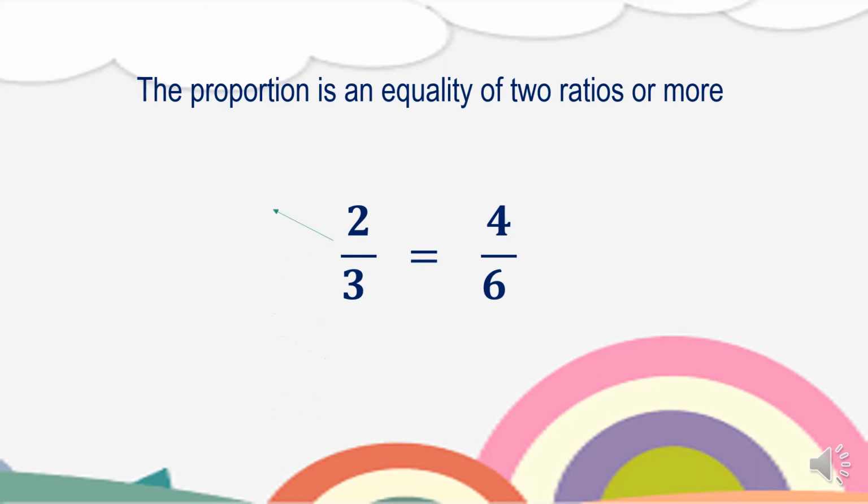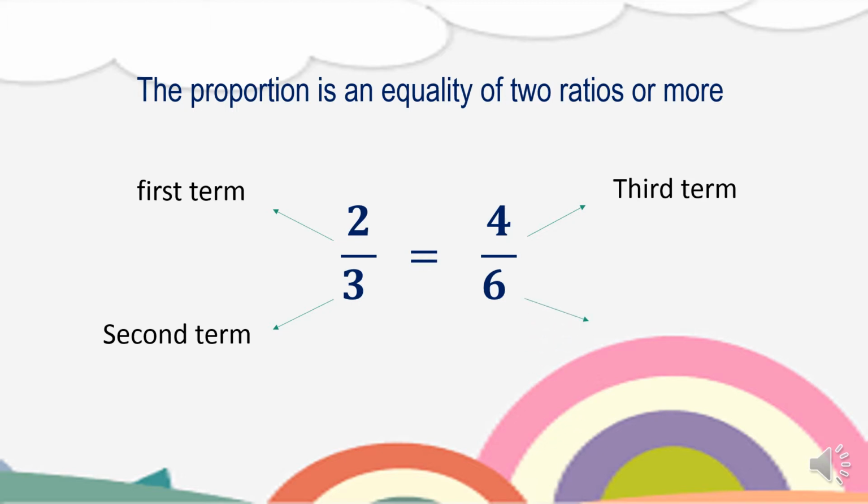So the first number is called the first term of the proportion or the first proportional term, the second term of the proportion or the second proportional term, the third term or the third proportional term, the fourth term of a proportion or the fourth proportional term.